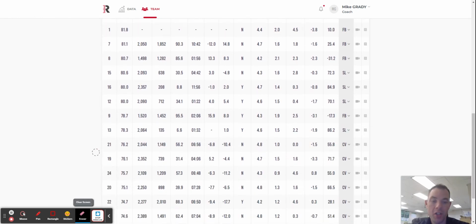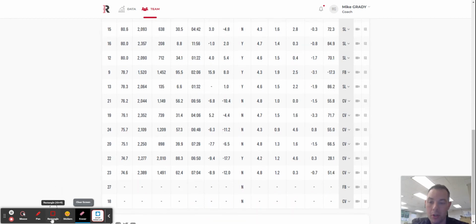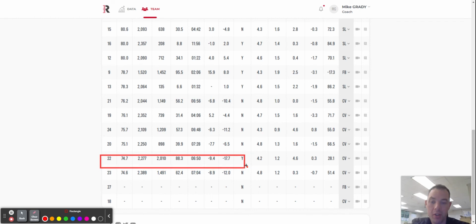We know that changeups, well, let's go to curveballs here. So here's a good curveball. Curveballs are generally slower than sliders. And you can see that on this curveball, we have a very, very high vertical break. Curveballs generally break down more than any other pitch, so that's a negative vertical break.